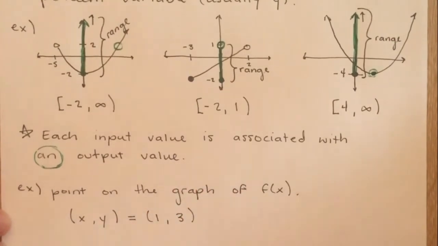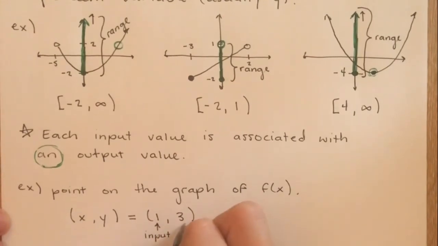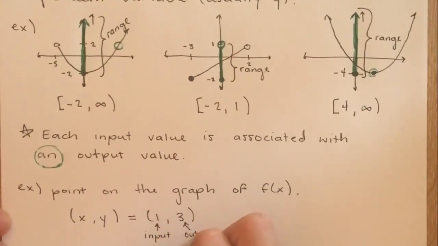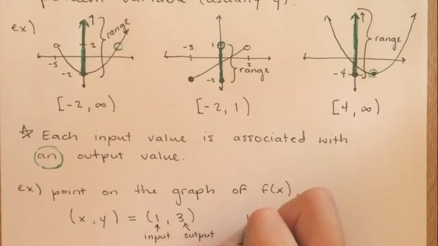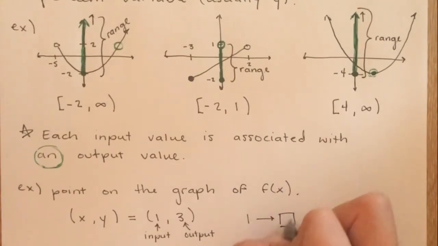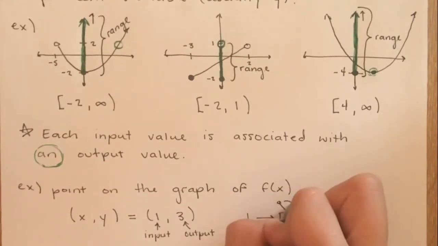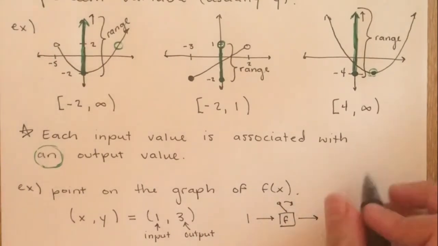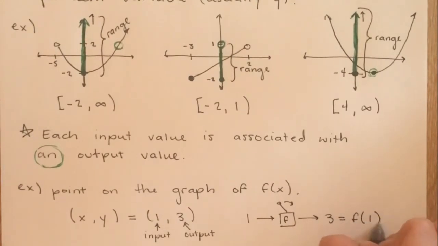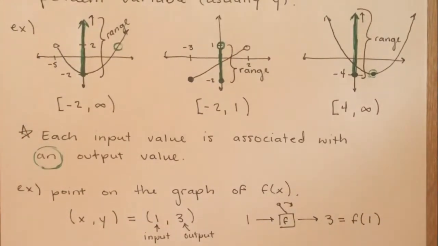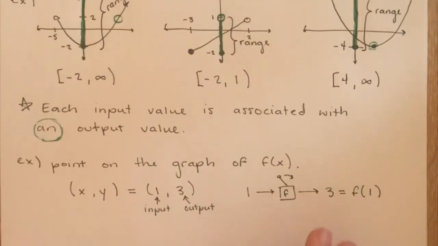I'm just picking anything. 1 is the input, and 3 is the output for that input. So putting that into our sort of function representation, right? 1 went into the weird function machine, we pulled the lever, and we got out 3. And 3 is f of 1, right? That's just kind of a refresher on that function.